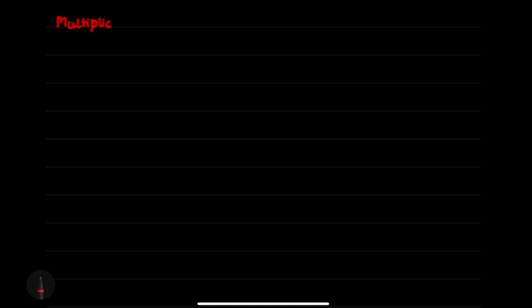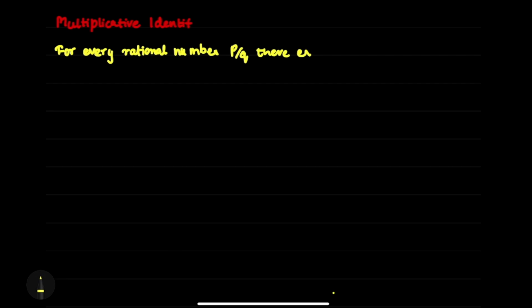Following the associative property, let's try to understand the multiplicative identities. So for every rational number p by q, there exists a rational number 1 such that p by q into 1 is equal to p by q.